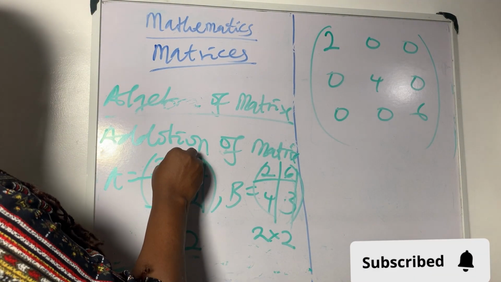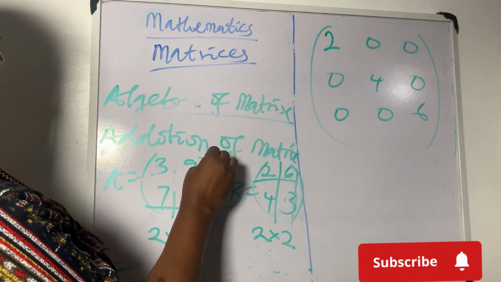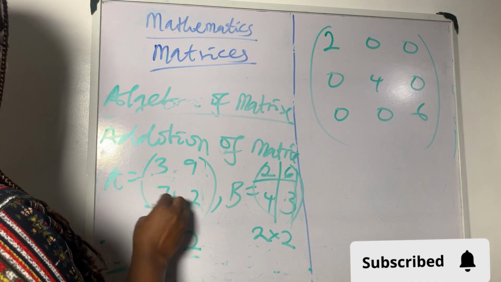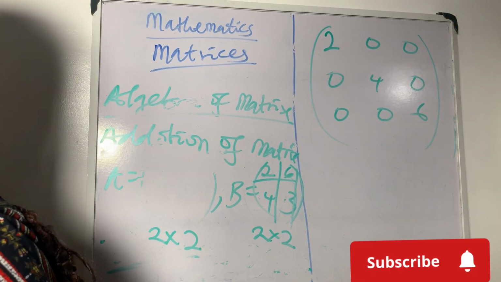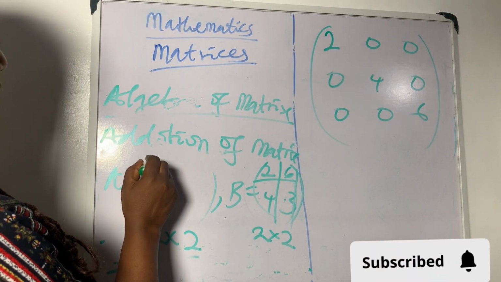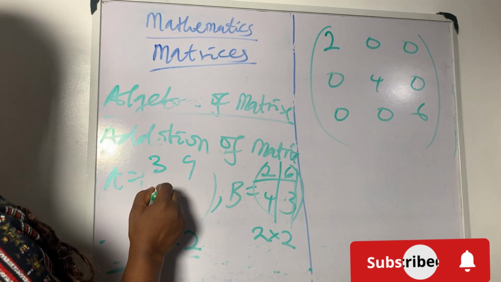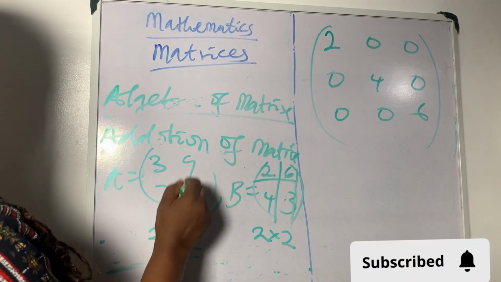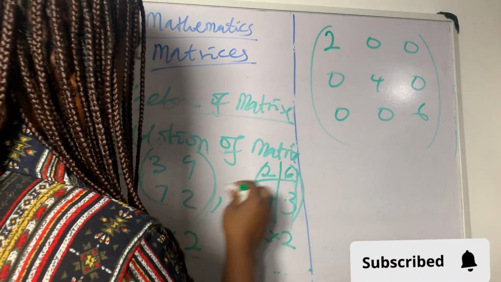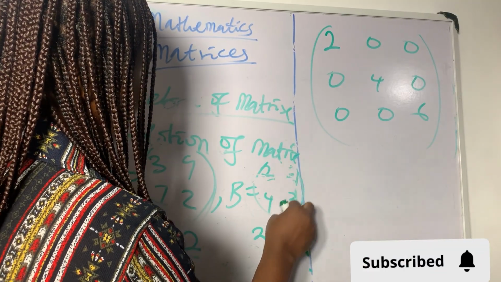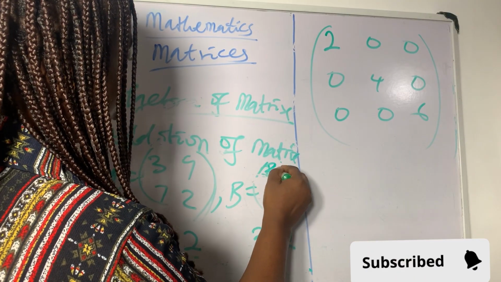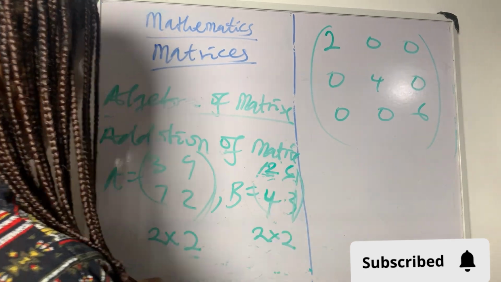Let me clean up the lines so that you can see the entries clearly. We have 3, 9, 7, 2 here. Then clean up this as well so that you can see it clearly. We have 2, 6, 4, 3.